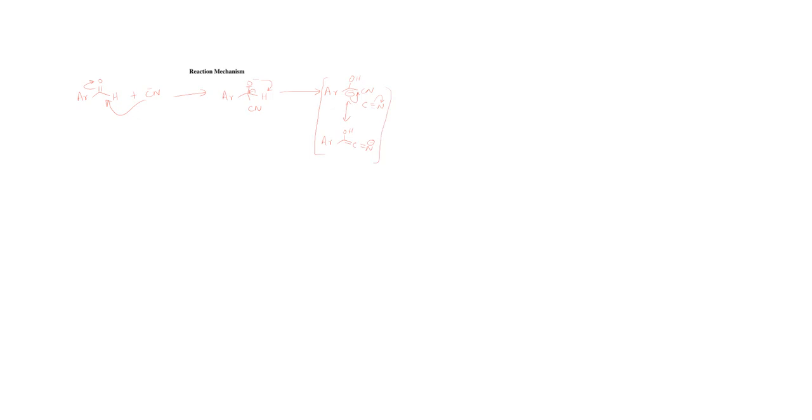So in the next step, what will happen? This nitrogen will shift its electron towards this carbon atom to reconvert it into this cyano functionality, and as a result the bond between the other carbon atom will break towards this carbon atom.